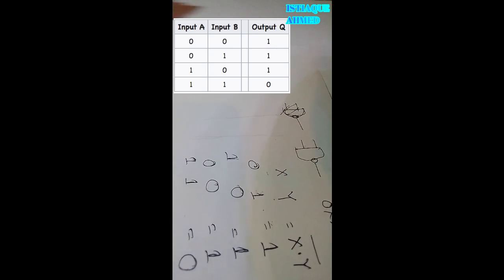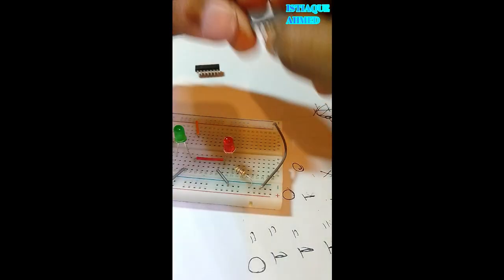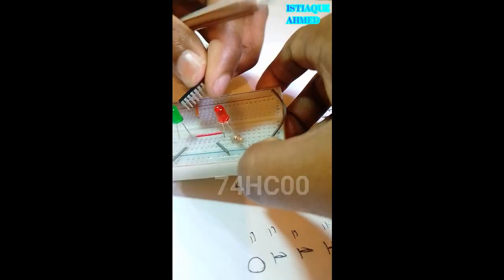Now I'm going to check the IC, and this is 74HC00.